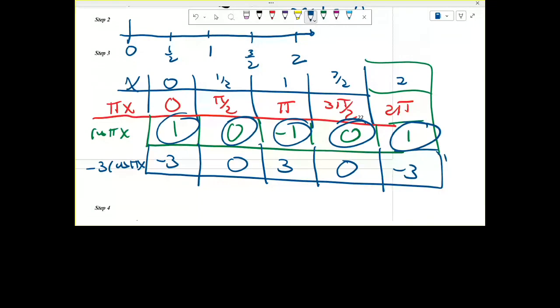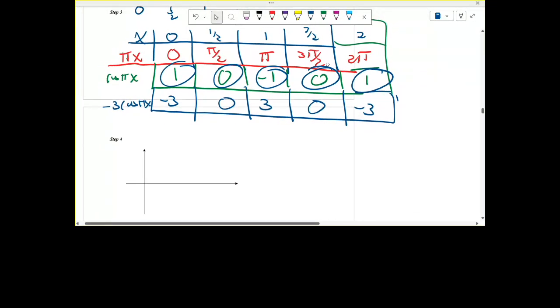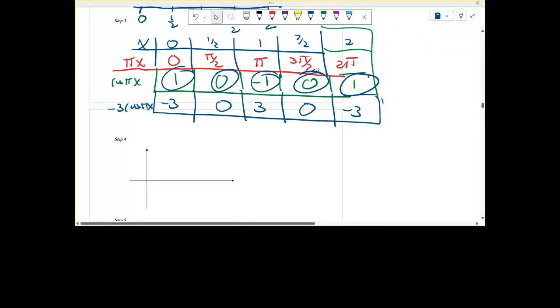I'm going to zoom out just a little bit so we can see everything here. On my x-axis, we are going to go from 0 all the way out to 2. That's 1, that's 1/2, that's 3/2.